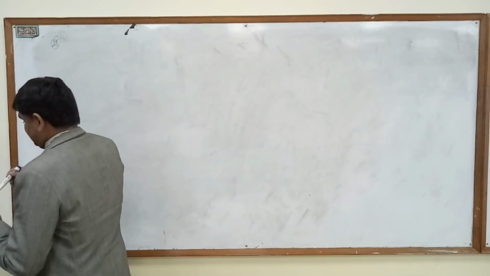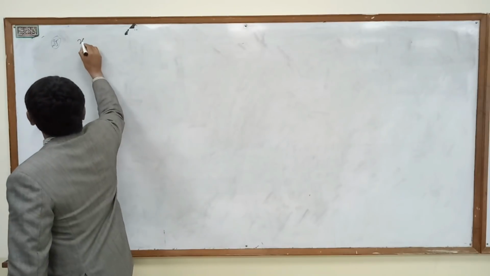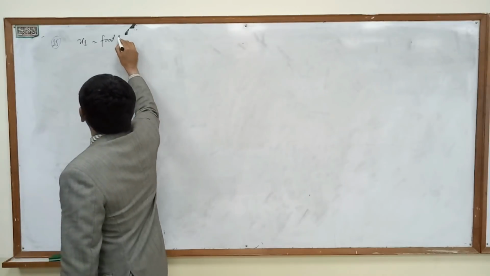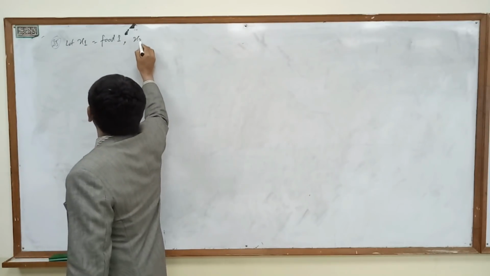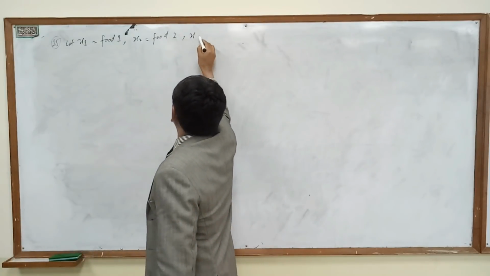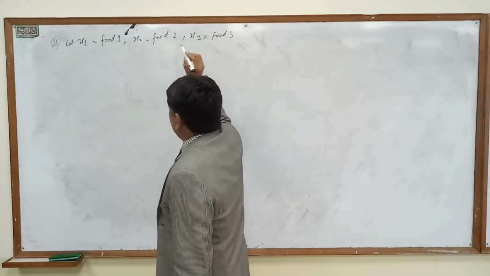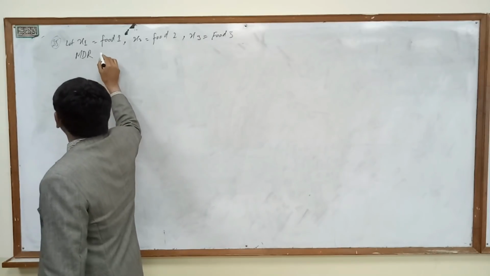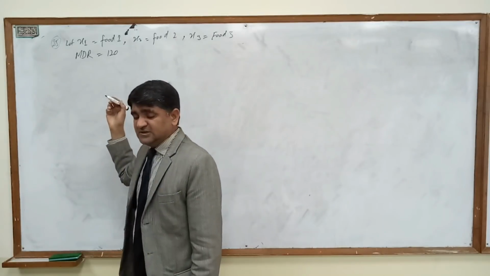Let x1 be food 1, x2 be food 2, and x3 be food 3. The minimum daily requirement, MDR, is 120 milligrams.